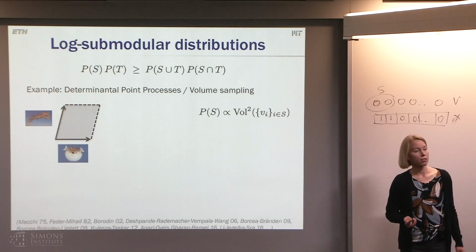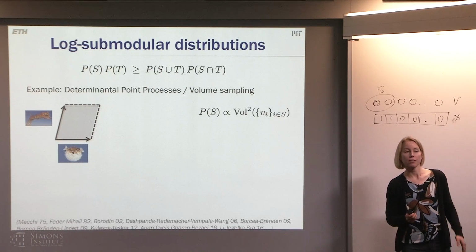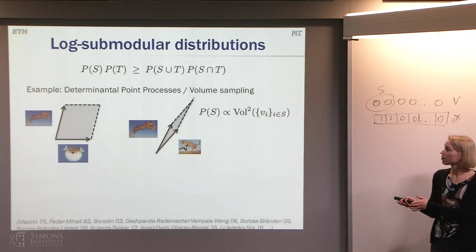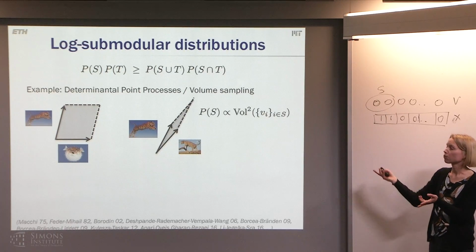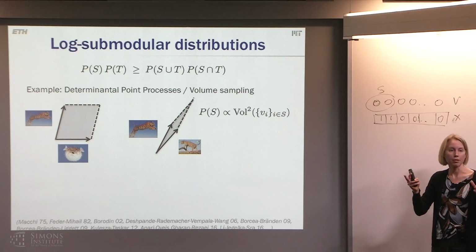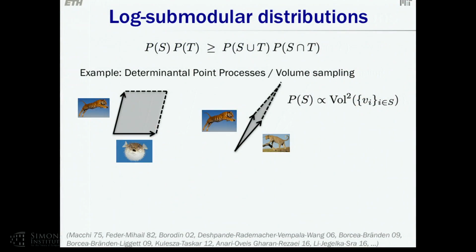If they are more similar, their feature vectors point more in the same direction, the angle is smaller, so the volume spanned by them is smaller. This doesn't work only for two, it also generalizes to higher dimensions. You see already that the distribution prefers vectors that are more orthogonal to each other, and if the vectors are linearly dependent, this is going to be 0.